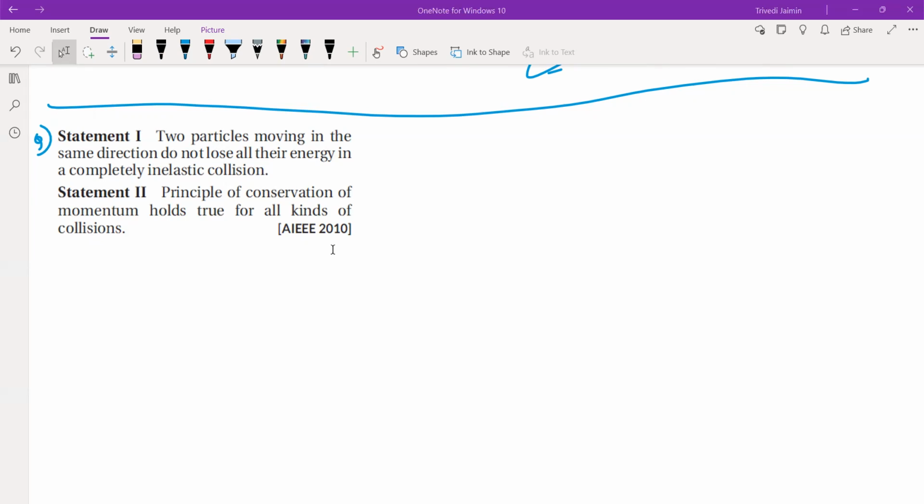Are both statements true? Tell me your individual answer. What do you think, Vishwanath? You can type also, no problem. Both statements are true, yes or no? Just say yes or no. I don't want a big long explanation.